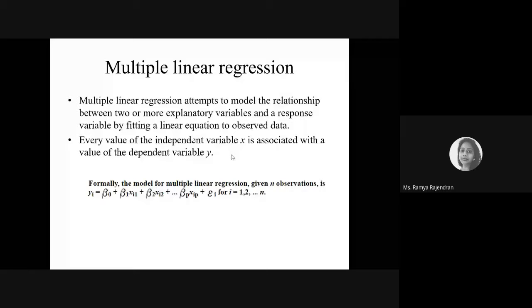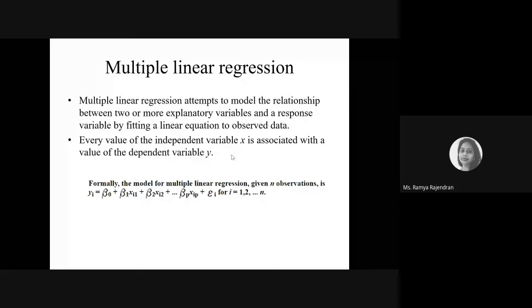Whenever we have a lot of variables, we always have a group of independent variables and a dependent variable, right? In simple linear regression, we have one independent variable and one dependent variable, whereas here we have multiple independent variables associated with one dependent variable.